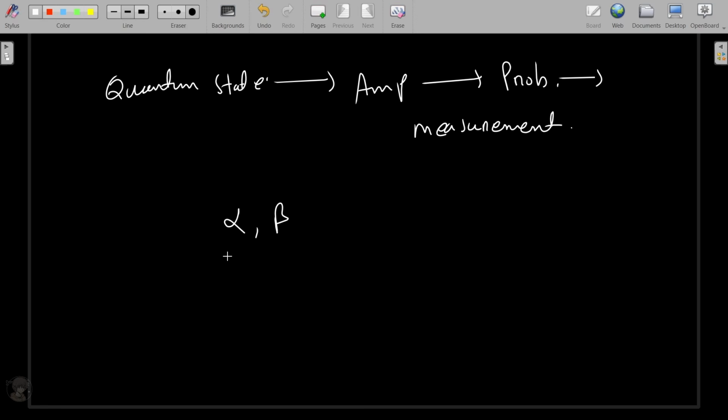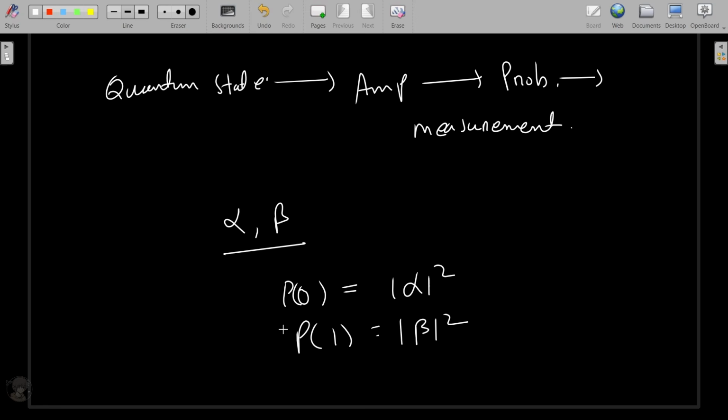These amplitudes are not probabilities directly. To get probabilities, we square their magnitude. P of 0 is modulus α squared and P of 1 is modulus β squared.